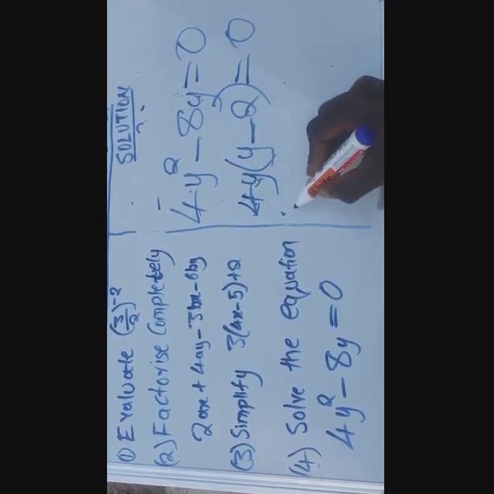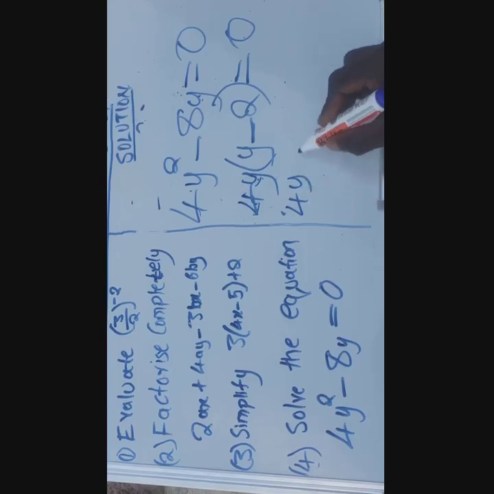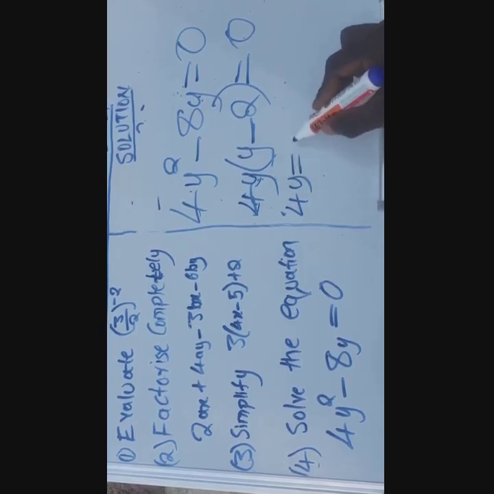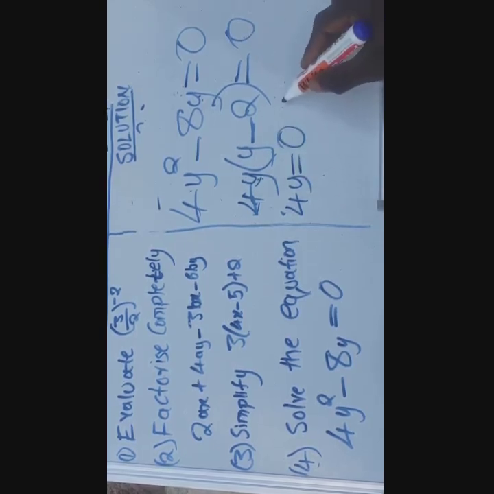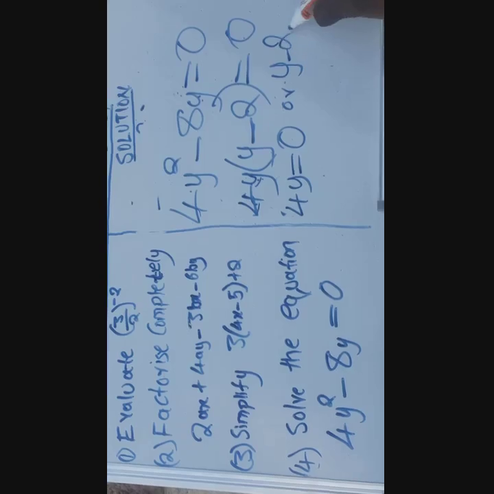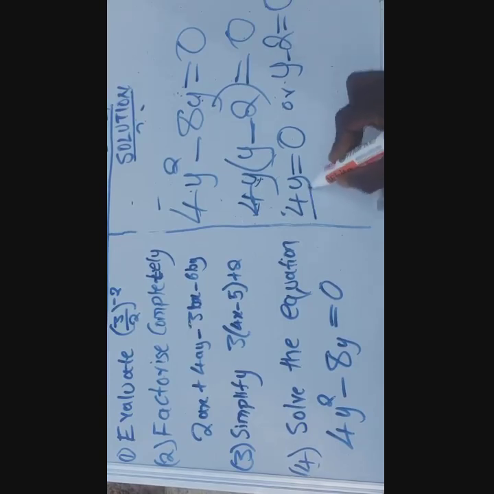So we have 4y outside the brackets, we are going to equate it to 0. Then we have y minus 2, this one we are going to equate also to 0. Then here we are going to say over 4, over 4. 4 into 4, it's 1. So we are going to remain with y here. 0 divided by 4, it is 0.